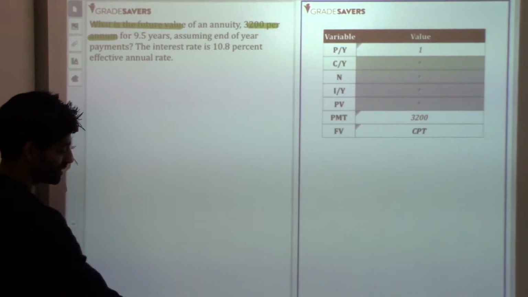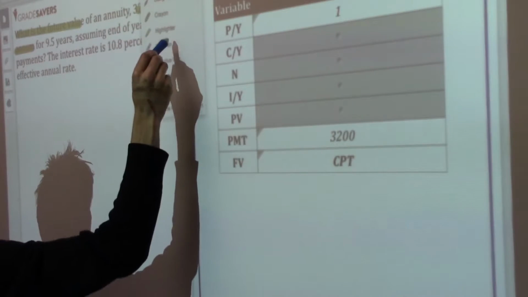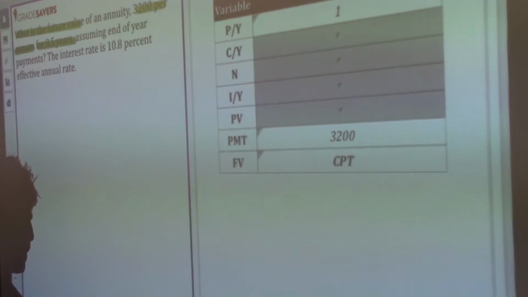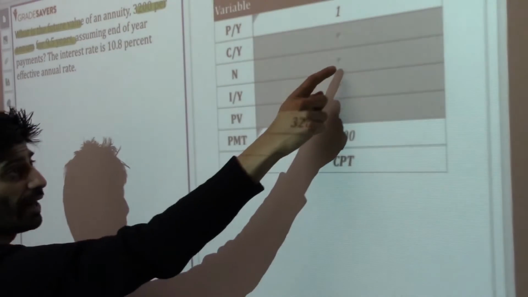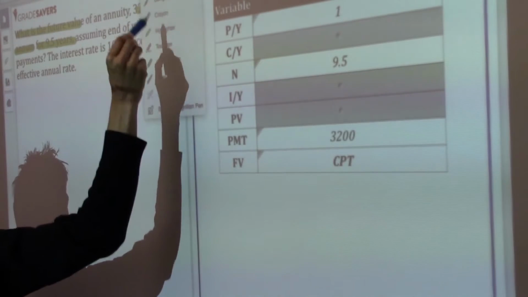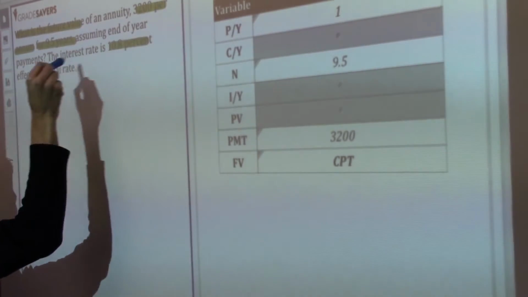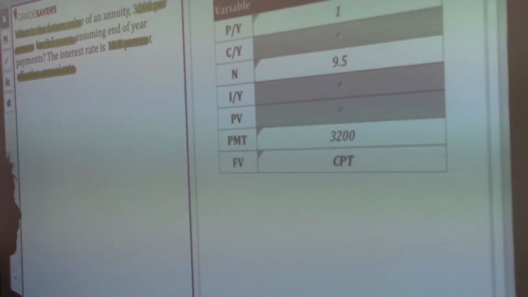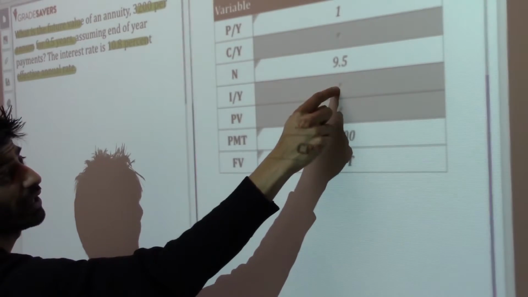We realize that this annuity is going to last for 9.5 years. So we can assign a value of 9.5 for N. The interest rate is 10.8%, and it is an effective annual rate. So IY is going to be 10.8.